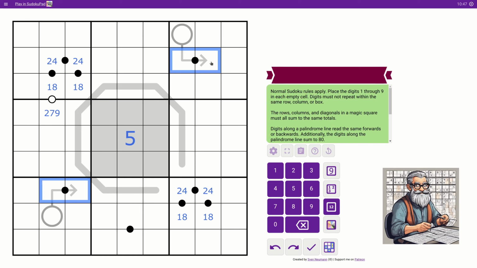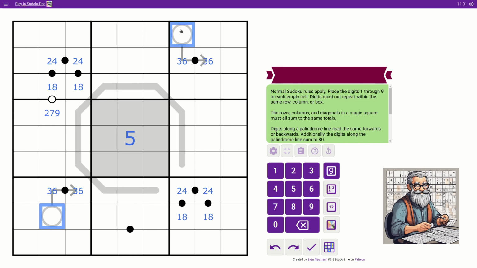Yeah. If it can't be 2 or 4, then it can't be from the 1, 2, 4, 8 quadruple, because that requires either a 2 or a 4. This 1, 2, 2, 4 or 4, 8. So they have to be 3 or 6, which means that these two are 9. Which means that this isn't a 9.